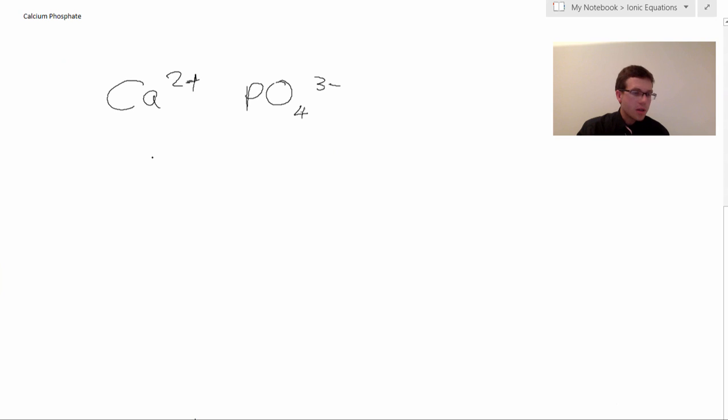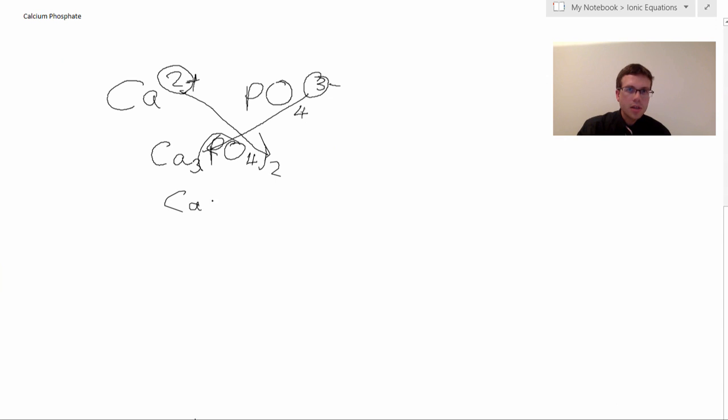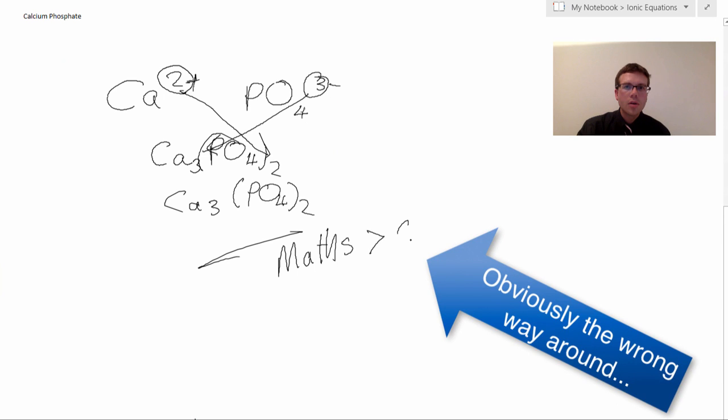So when we combine these, we have Ca, we have PO4, and you need to put a bracket around your polyatomic anion. We need a 3 because we're going to use the swap over method, and we have a 2, so this 2 goes here. That's not very clear, so I'm going to write it again: Ca3(PO4)2. And that is all you need to know.